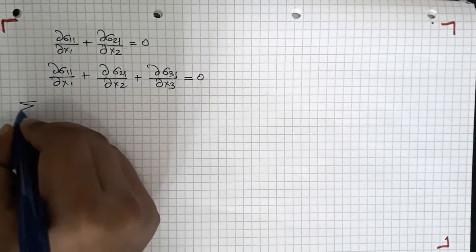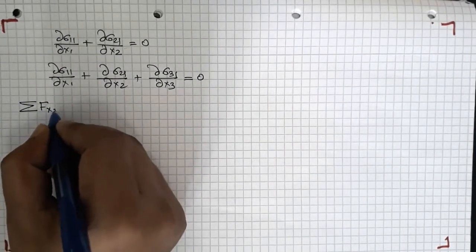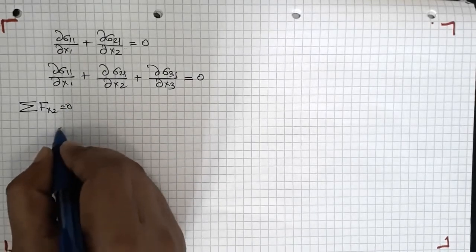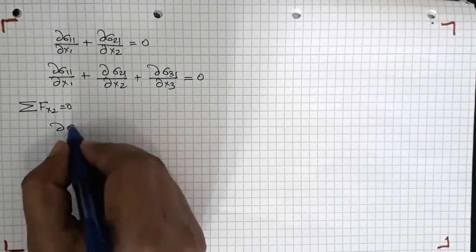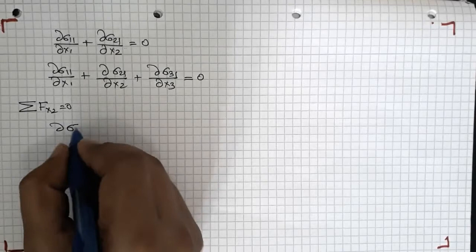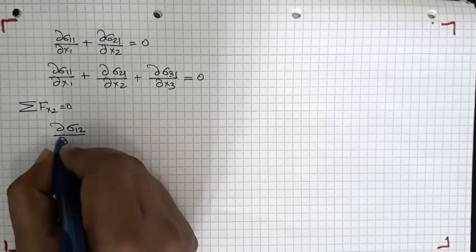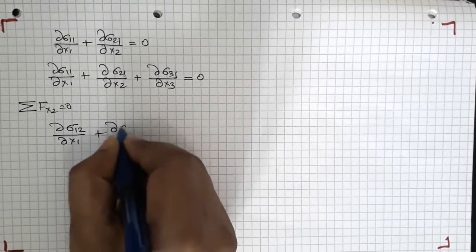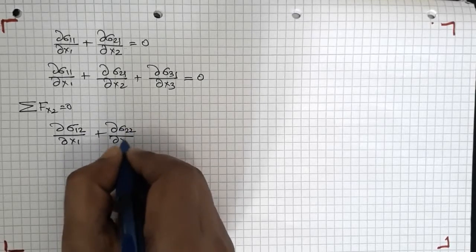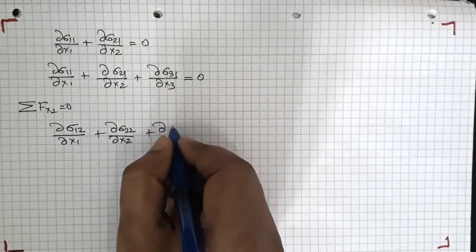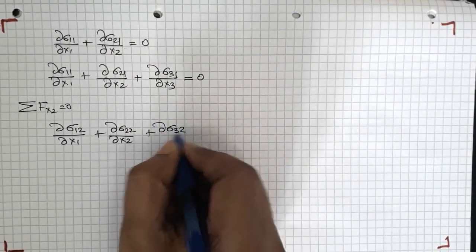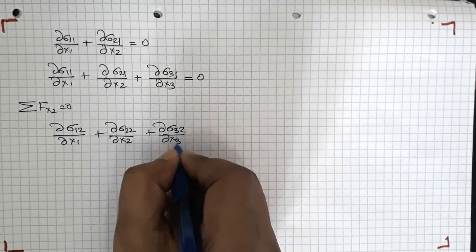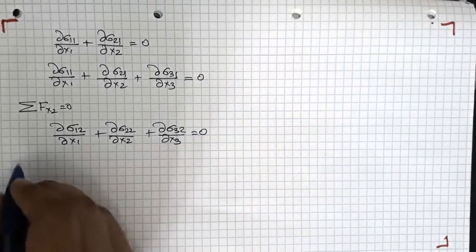If we do force balance in x2 direction, then we will have del sigma 12 by del x1 plus del sigma 22 by del x2 plus del sigma 32 by del x3 equals 0.